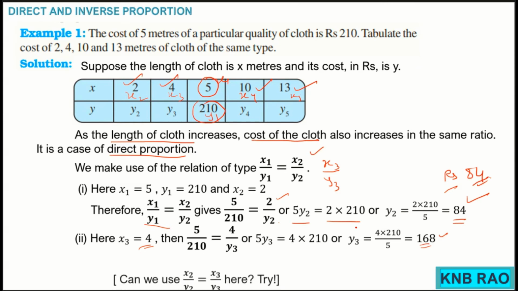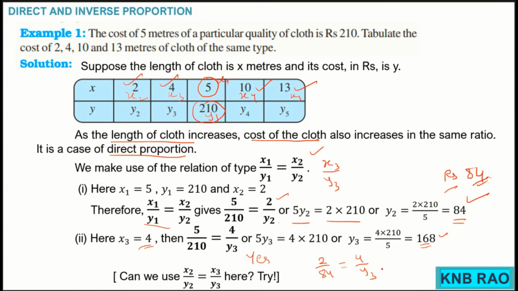Further, can we use x2 by y2 equals x3 by y3? Yes, we can use it and try. Here x2 by y2, that is 2 by 84, equals 4 upon y3.